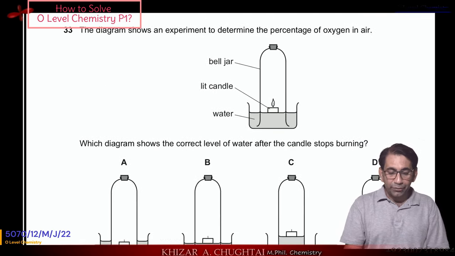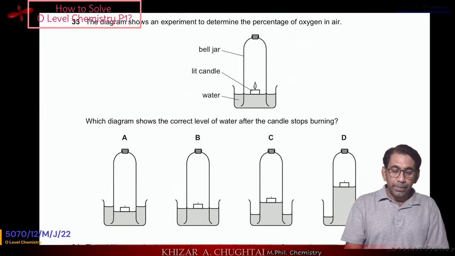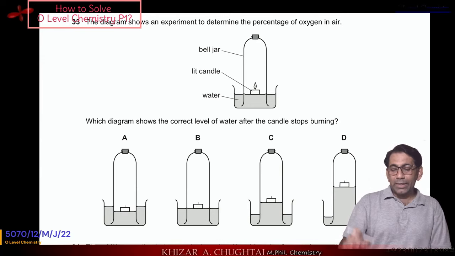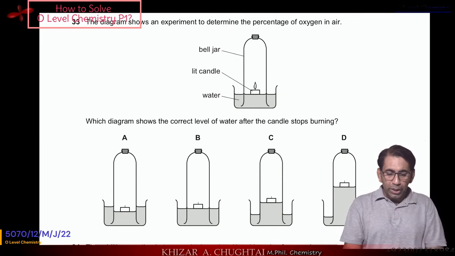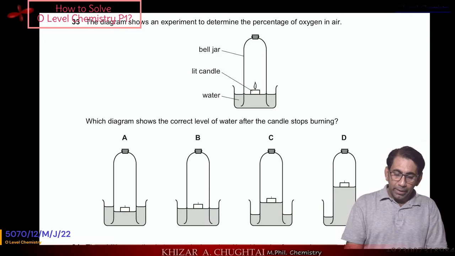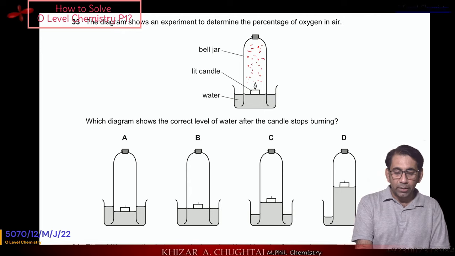Question number 33. The diagram shows an experiment to determine the percentage of oxygen in air. Which diagram shows the correct level of water after candle stops burning? As you know, this candle is consuming the oxygen in this bell jar.